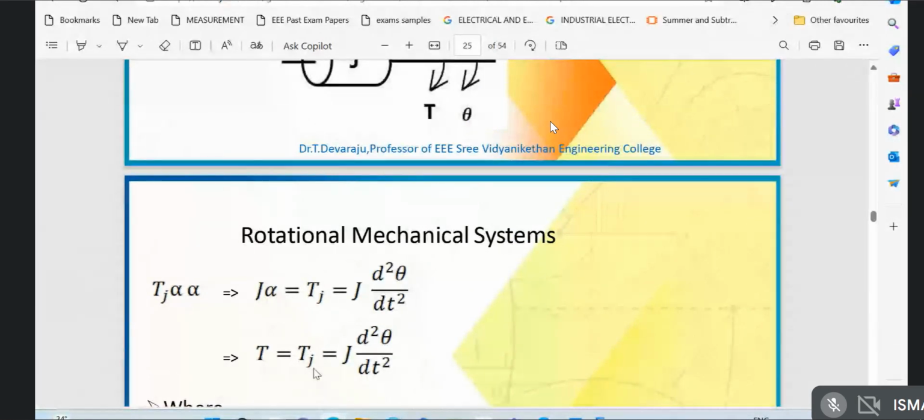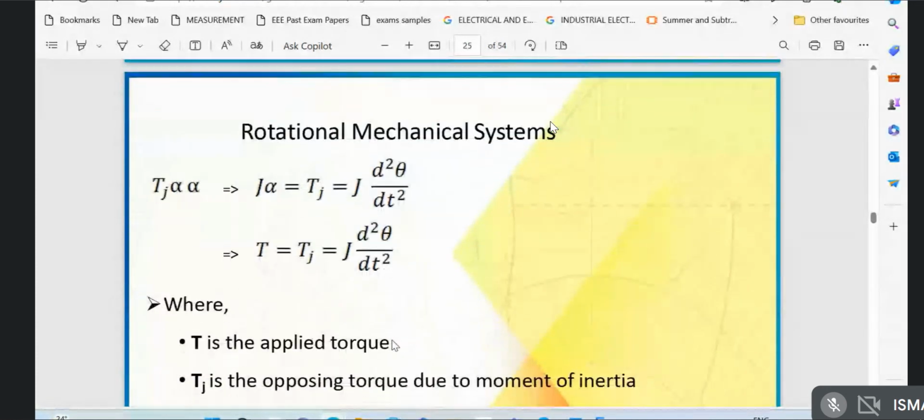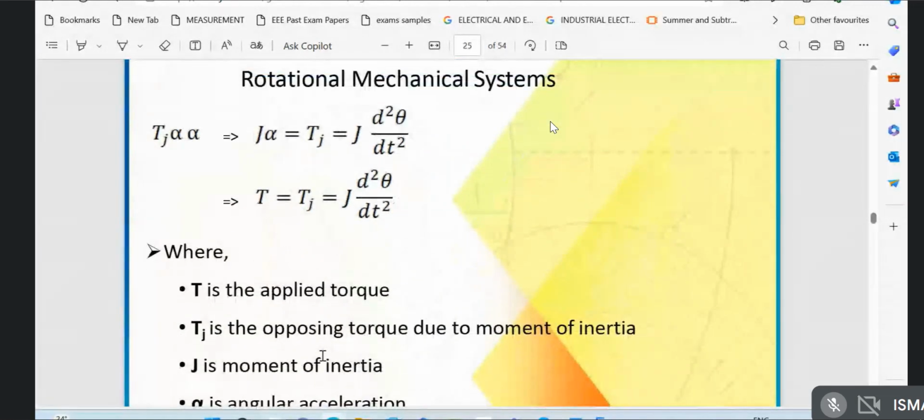T is the applied torque, and T_J is an opposing torque acting against it, and J with the angle's second derivative. J is the moment of inertia, a constant.